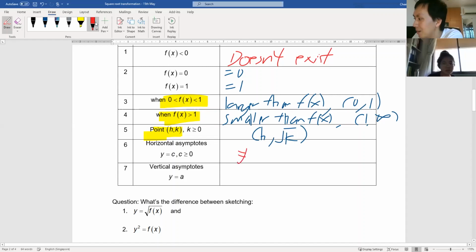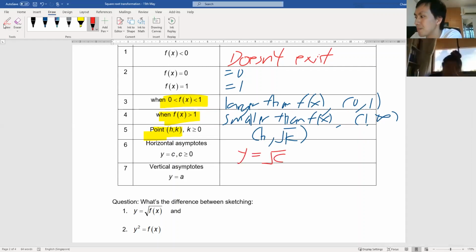What about the vertical asymptote? It should be x is equal to a. Still the same, still undefined. If it's not defined in f(x), it should not be defined in the square root of f(x). So there's no change to vertical asymptotes.